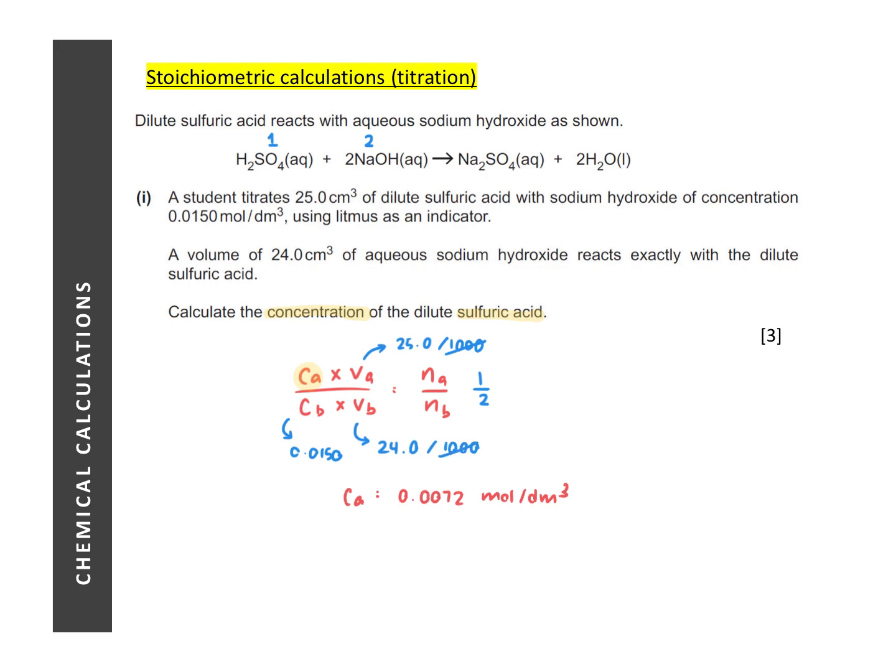So when you are using this equation to find concentrations, there's no need to convert the volumes to dm cube because it will cancel out in the numerator and denominator anyway. Again, we can use the traditional 3C approach to solving this question. You will still end up with the correct answer, but if you can recall the formula and substitute the values correctly, it will be much faster.